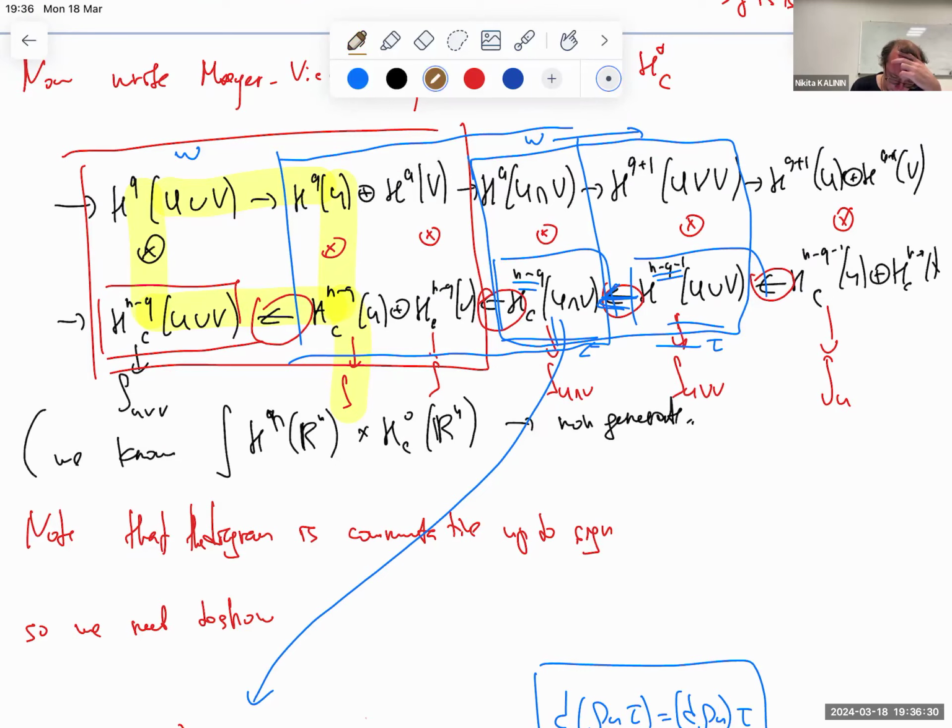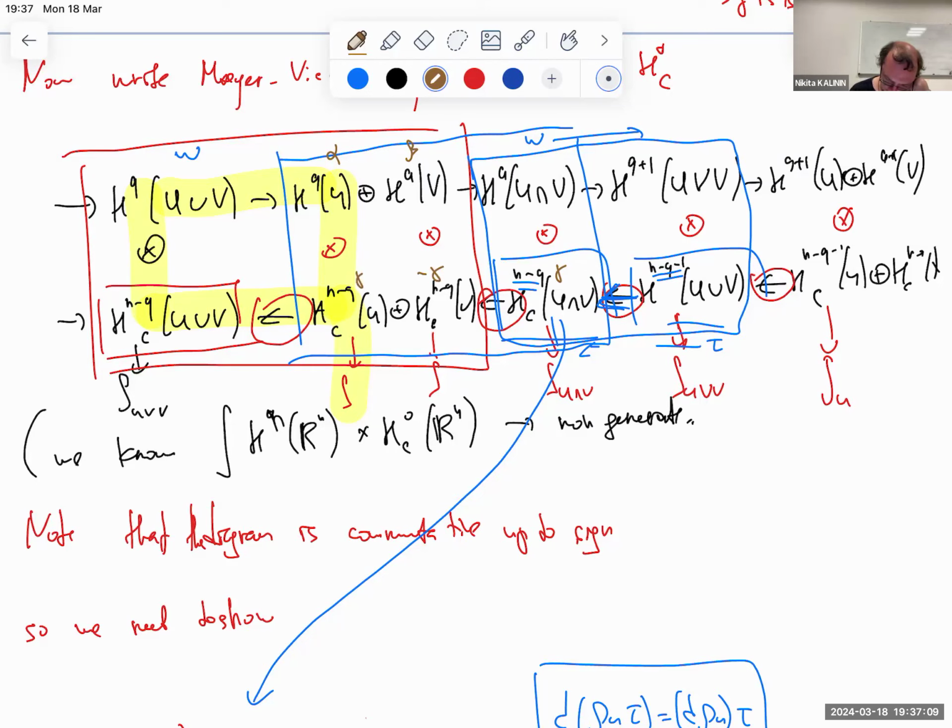Okay, let's verify it for this square also. Let's say that here we have forms alpha, beta, and here we have form gamma. Right, so what happens here? How do you get a form on the H q? Here we multiply them by the partition of unity and subtract. And here we just have form gamma and minus gamma.